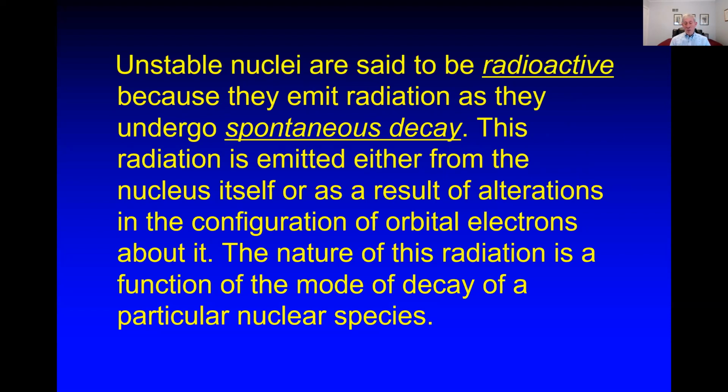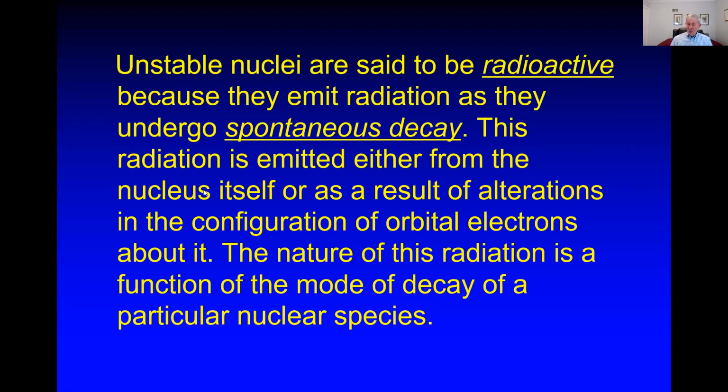So if it's radioactive, here are the things we need to know. Number one, it's spontaneous. We can't start it. We can't stop it. We can't accelerate it. We can't decelerate it. We have no control over radioactivity, we humans, nothing we can do. And so these are spontaneous radiations, but take a look at this.